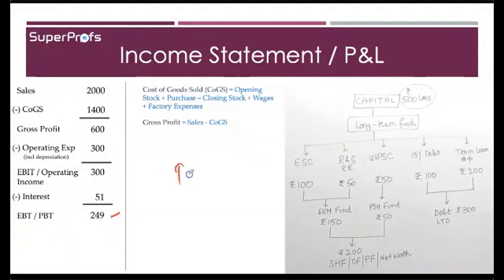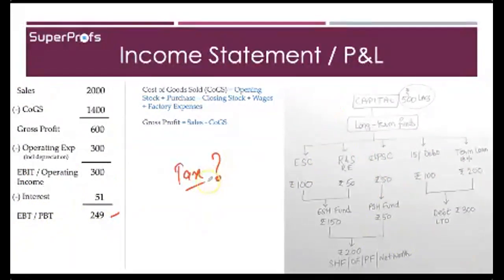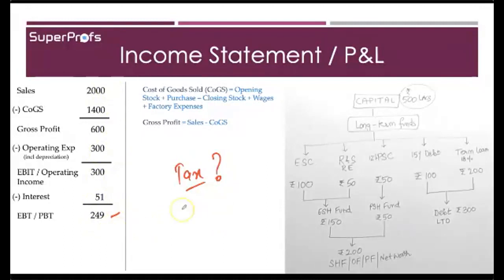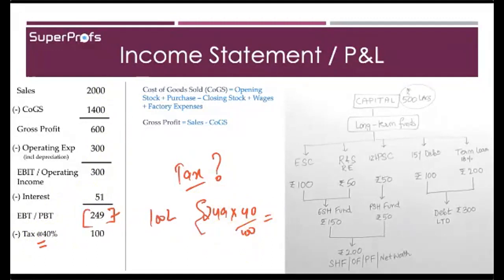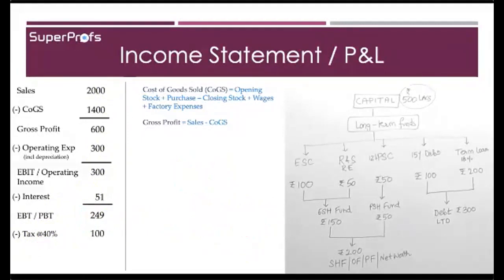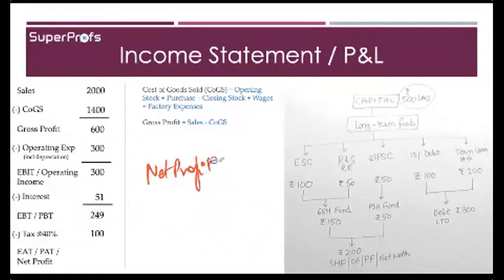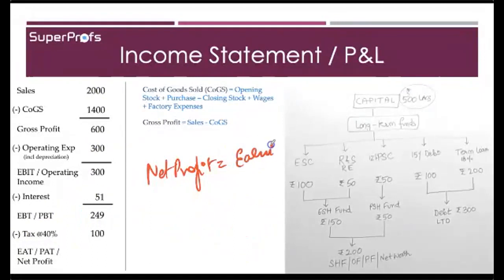Okay. Now the next component will be tax. Now let's assume, for the sake of our example, that the tax that we have to calculate is at 40%. Okay, and this tax will be calculated at this. So 249 into 40%, right? We can take this approximately 100 lakh rupees. All right, and so finally, what net profit is, it is earnings after tax.